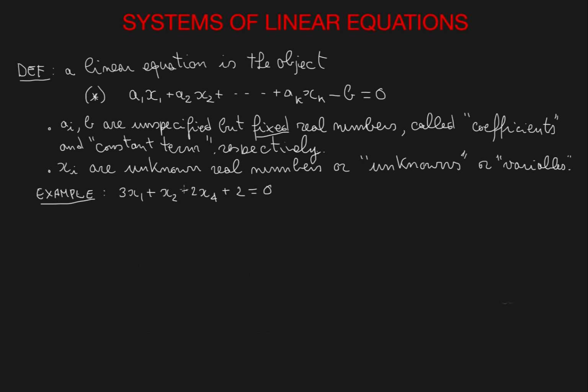Then there is no x3. As you notice in this notation, we have all the xi's between 1 and k present. Now why is x3 missing here? x3 is missing because the coefficient of x3 is meant to be 0. These ai's are real numbers, so they might be 0.